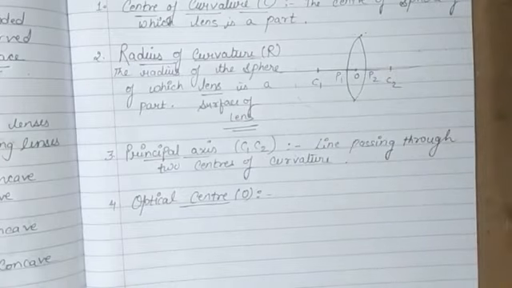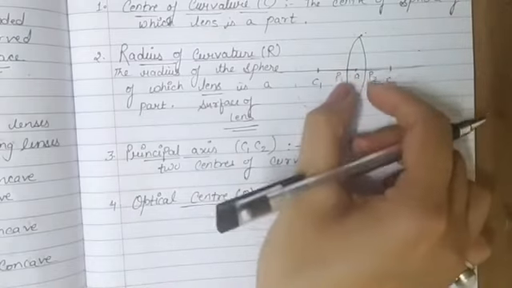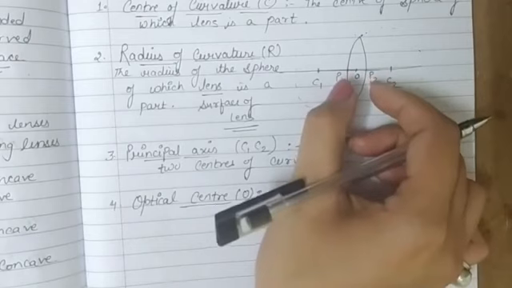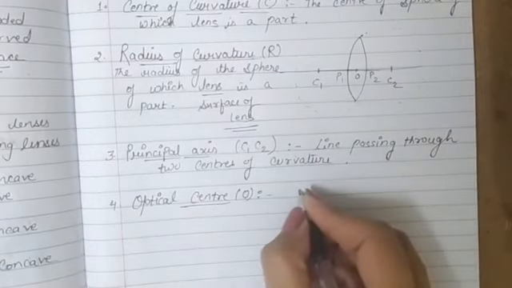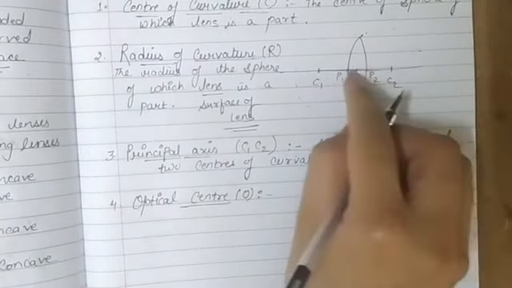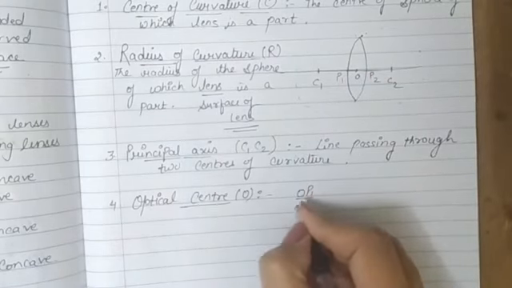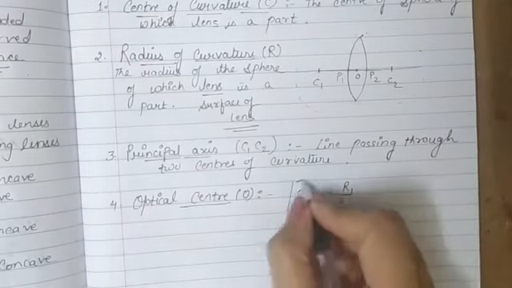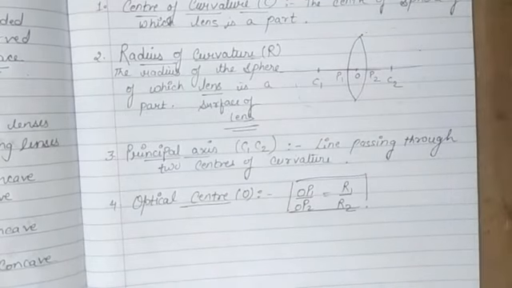Now we can define optical center as a point in between the lens which is dividing the thickness of the lens in the ratio of the radii of curvature of its two surfaces. Means this optical center divides the total thickness P1 P2 in the ratio of OP1 upon OP2, which is equal to the ratio of the radii of curvature of the two surfaces of lens. Then the point O is called optical center.